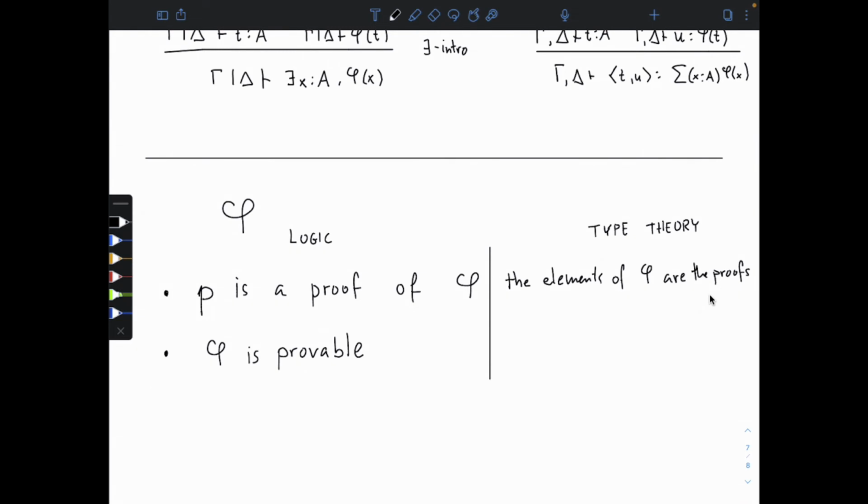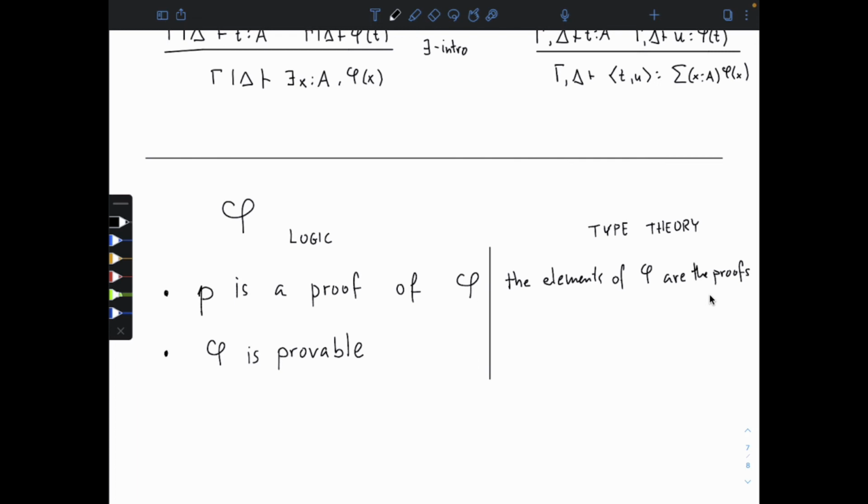You are interested in what the proofs of phi are, which means that when you construct one proof and then construct another proof, you will observe and study the difference, because they will be different elements of phi, obviously, because they look different, they're different trees.